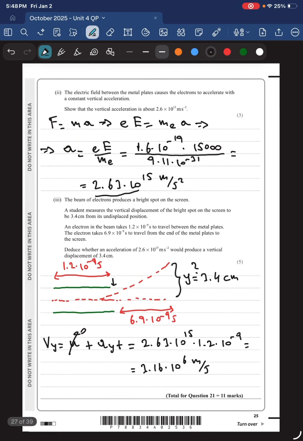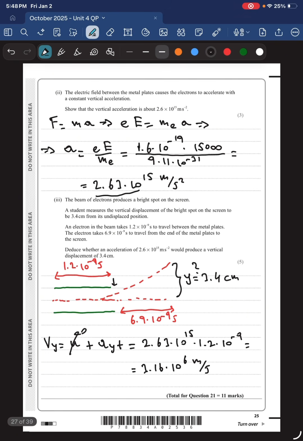While inside the plates, they get deflected, so you can use SUVAT equations to find how much they got deflected inside the metallic plates.